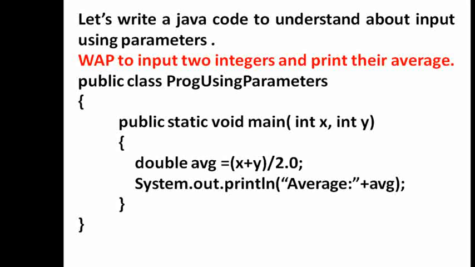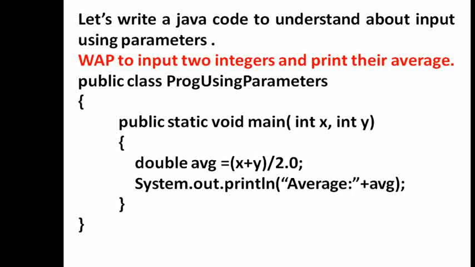To understand about input using parameters, let us write a Java code. The question that is written in red, that is write a program to input two integers and print their average. So I have written the code, public class prog using parameters. This is actually the class name.